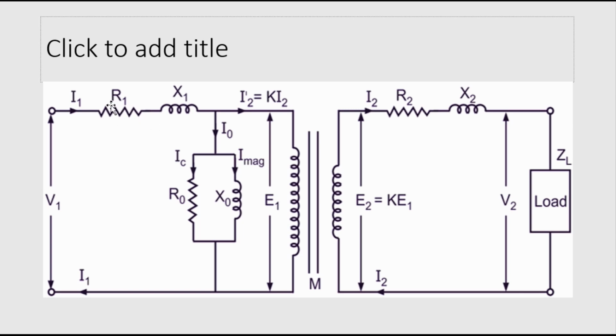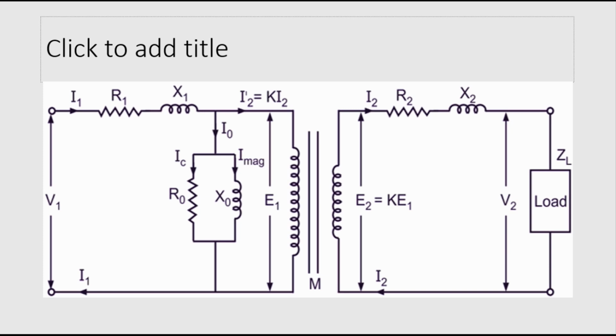There will be R1 X1, the component of primary winding resistance and reactance. R0 X0 will be the component of core loss, and R2 X2 will be the component of the secondary winding. In that way we can draw a phasor diagram of all these parameters.